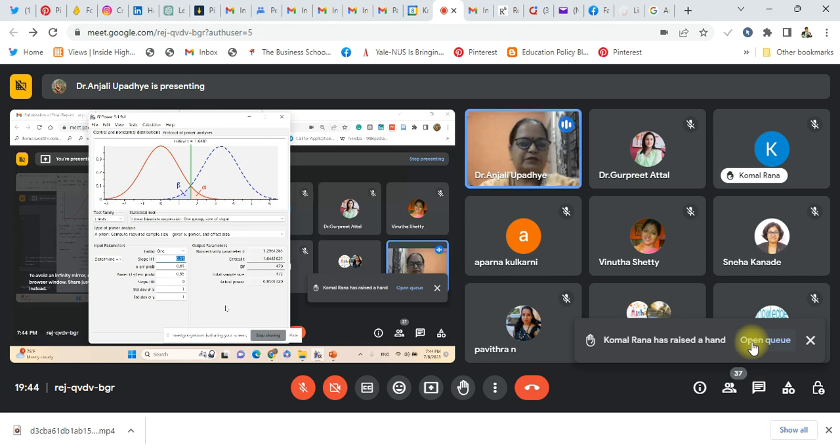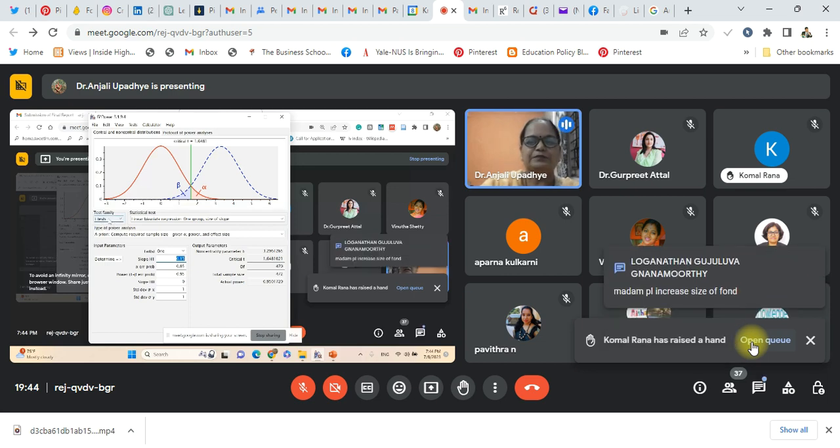In those variables, I decide how many numerical variables and how many qualitative, that is categorical, variables I have. According to that, we'll go for the test family. Now here is the icon, test family. You can see over here, my cursor is there: test family.